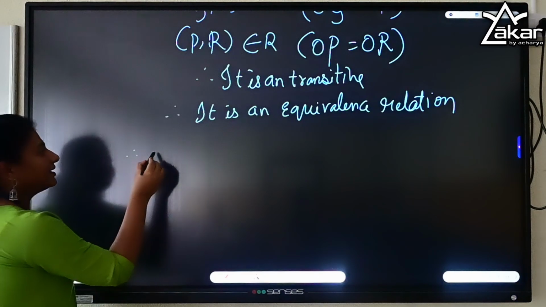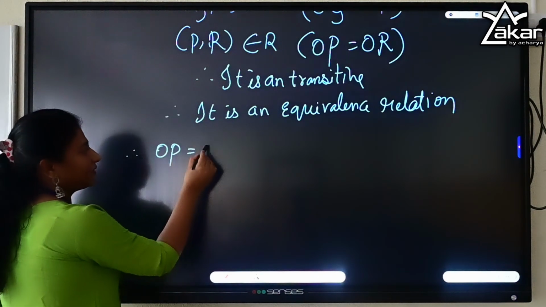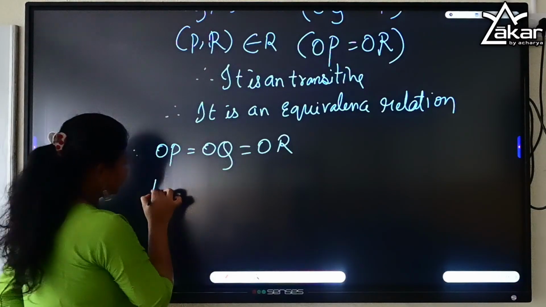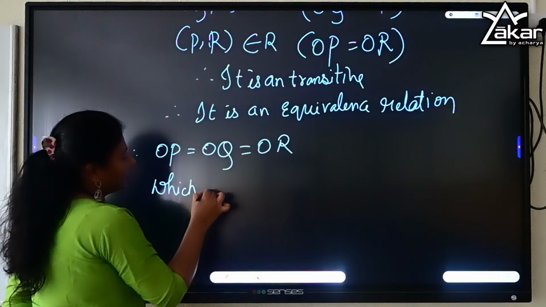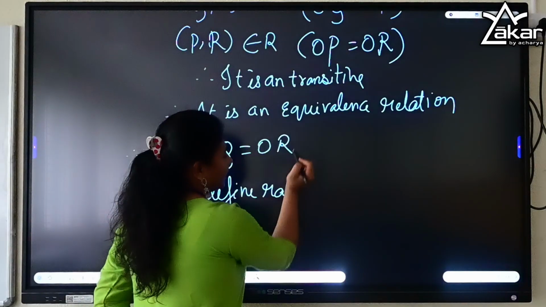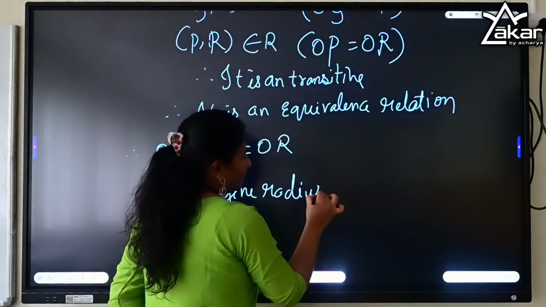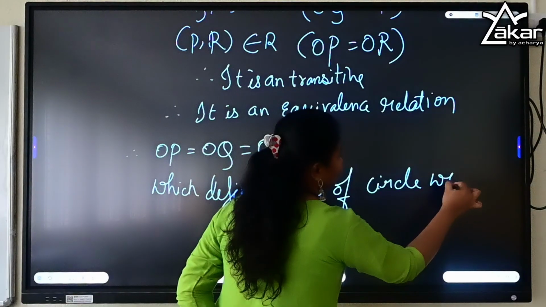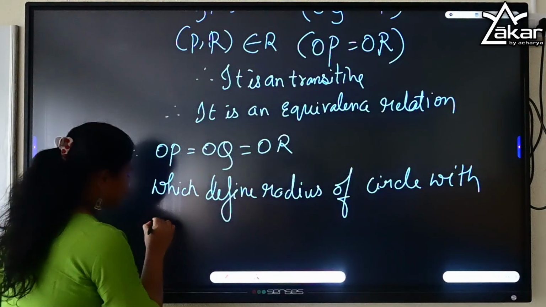Therefore it is a circle. Why is it a circle? Because OP is equal to OQ is equal to OR, which defines the radius of a circle with equal distance.